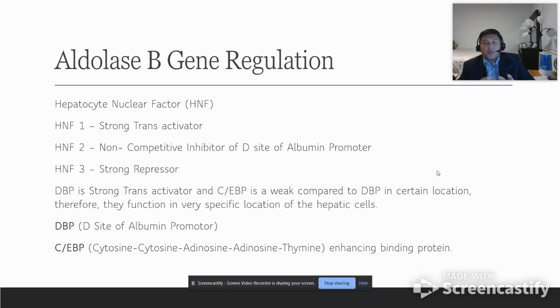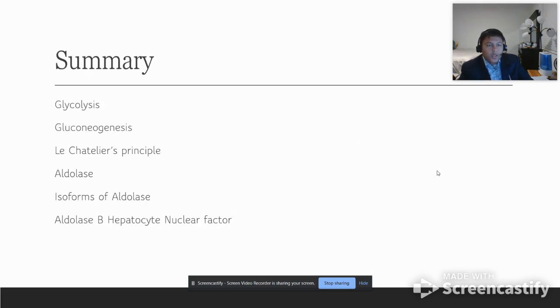So in summary, we went over glycolysis, we went over gluconeogenesis, and the differences in terms of the reactions that occur.